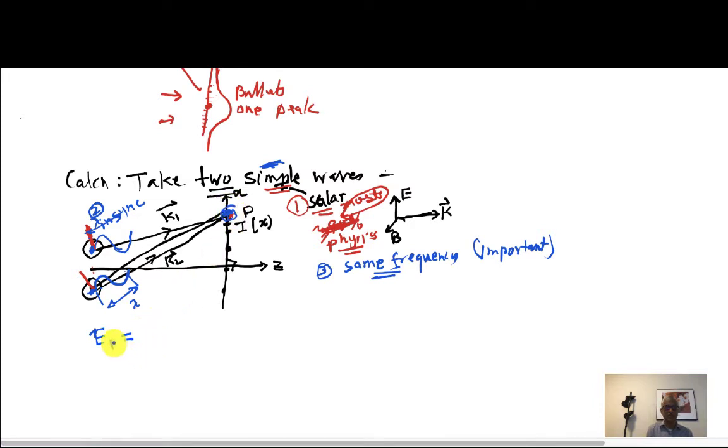E1 at P is going to be some magnitude E01 times cosine, and it's got the k1 magnitude, the same wavelength, right? So for the same wavelengths, k1 equals k2, that's 2 pi over lambda.